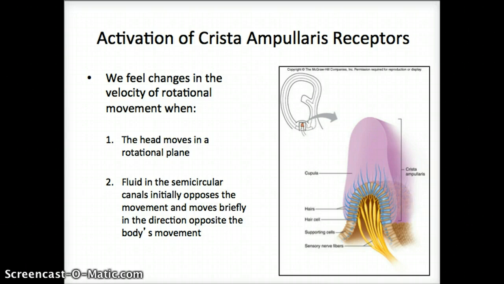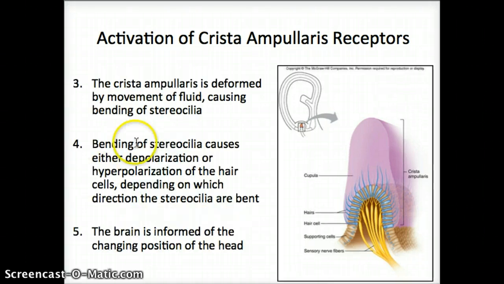When we feel changes in the velocity of rotational movement, so the head moves in a rotational plane, there's fluid in these semicircular canals. At the very start, it will oppose that movement and move briefly in the direction opposite of the body's movement. You can picture that almost in water as you push against it. Then the crista ampullaris is deformed by the movement of that fluid, and it causes bending of our stereocilia here.